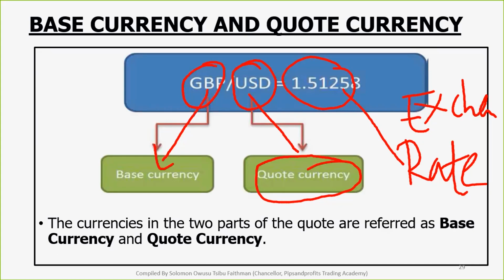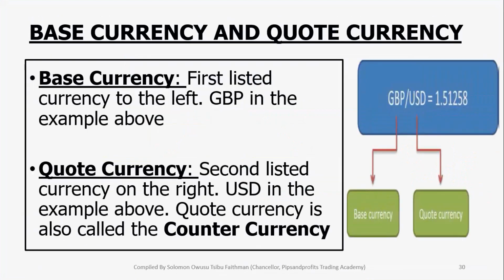What is a quote currency? A quote currency is the second currency in a currency pair. Very simple. Don't complicate this. It's as simple as that. So this is the definition. Okay?